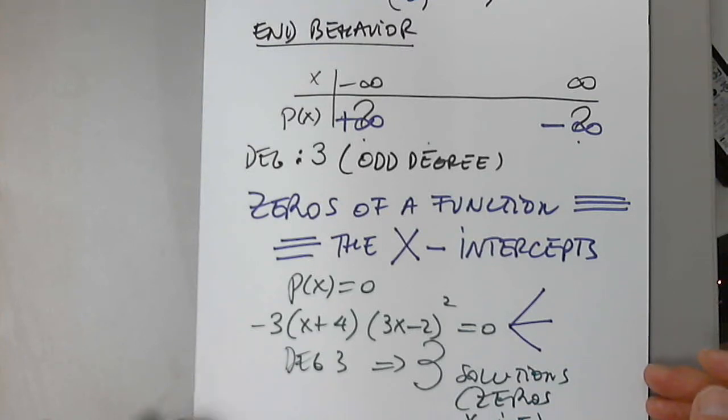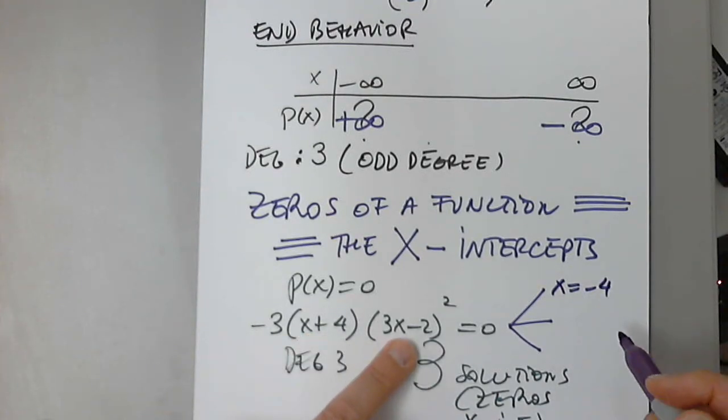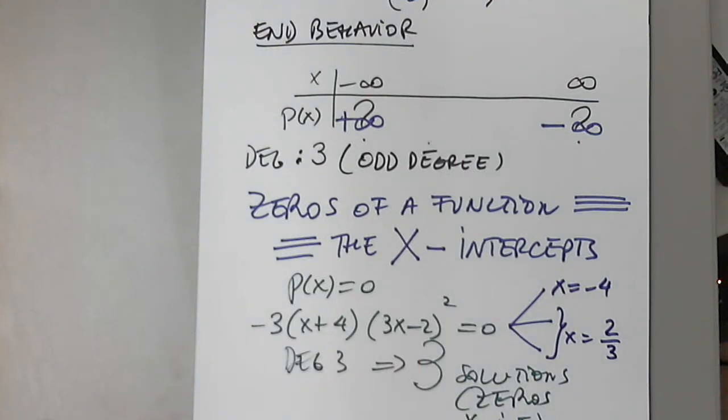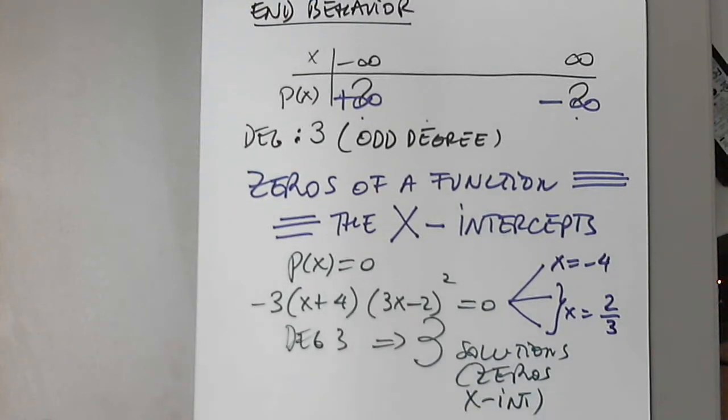Zero, negative 4. So from here, x equals negative 4. And from here, very good. So 3 solutions indeed: x equals negative 4 and x equals 2/3 twice. And now let's talk about multiplicities. The multiplicity means how many times a zero appears.